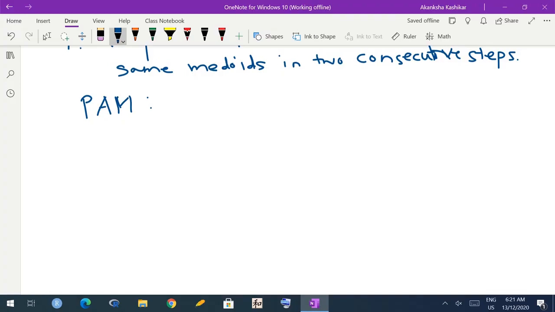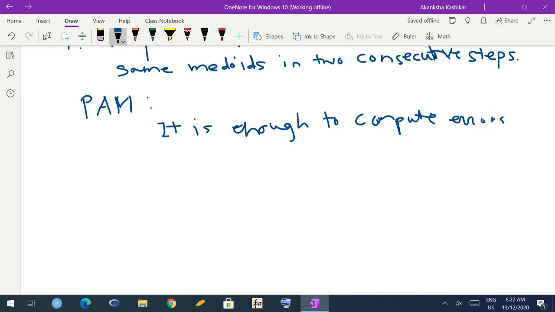That is, the minimum over that group is the same as the minimum over the entire data. It is enough to compute errors with respect to observations belonging to that particular cluster.